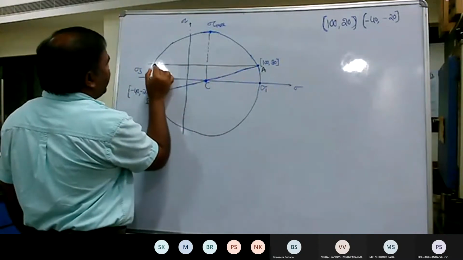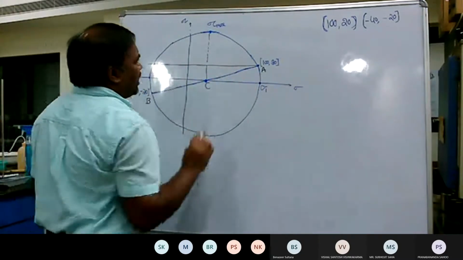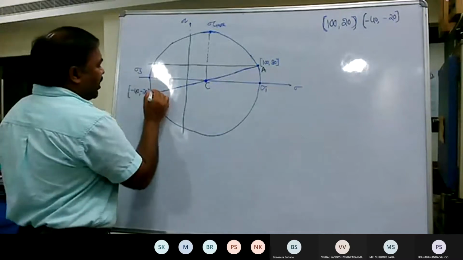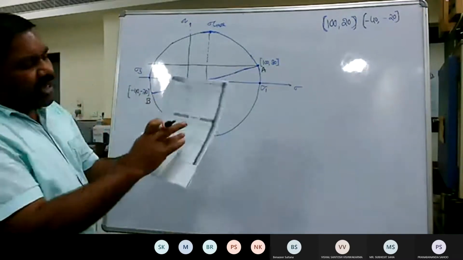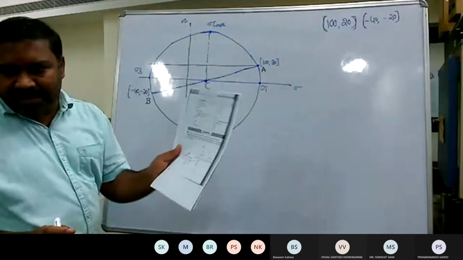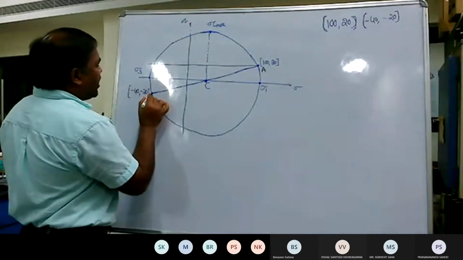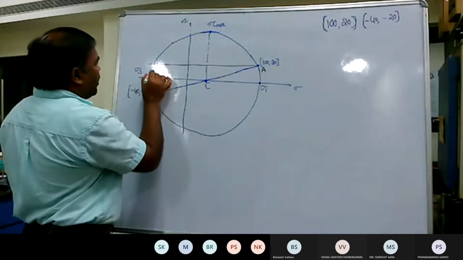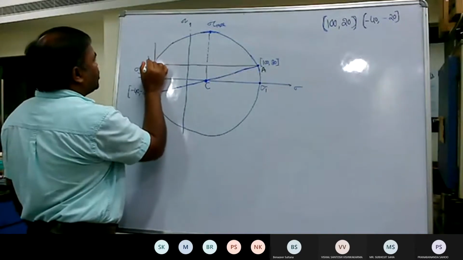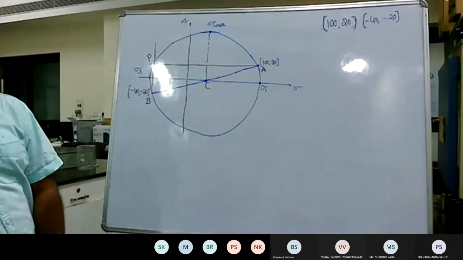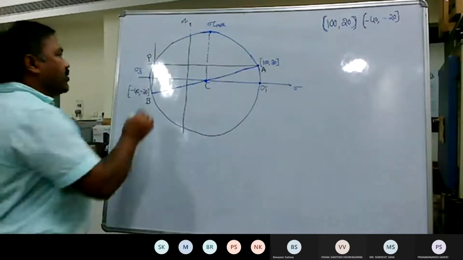Wherever this horizontal line touches the Mohr circle, that is one point. Similarly, with the vertical surface as the reference axis, B as the reference point, draw another line. Wherever these two lines meet, that point is called the pole point.